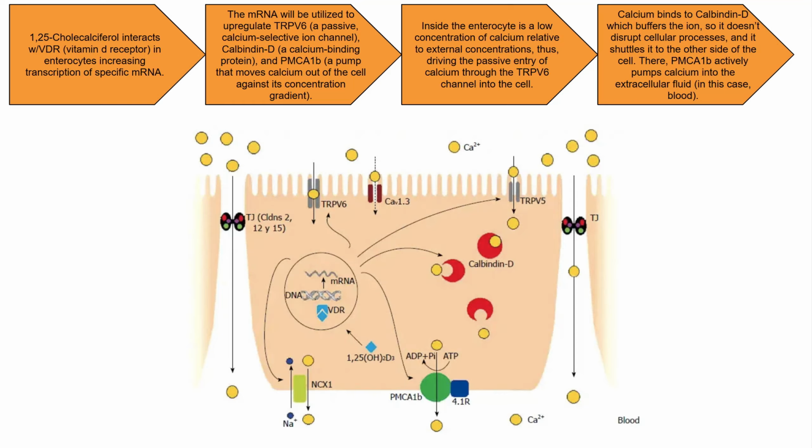Inside the enterocyte is a low concentration of calcium relative to external concentrations, thus driving the passive entry of calcium through the TRPV6 channel into the cell. Calcium binds to calbindin D, which buffers the ion so it doesn't disrupt cellular processes, and it shuttles it to the other side of the cell. There, PMCA1B actively pumps calcium into extracellular fluid, in this case, blood.